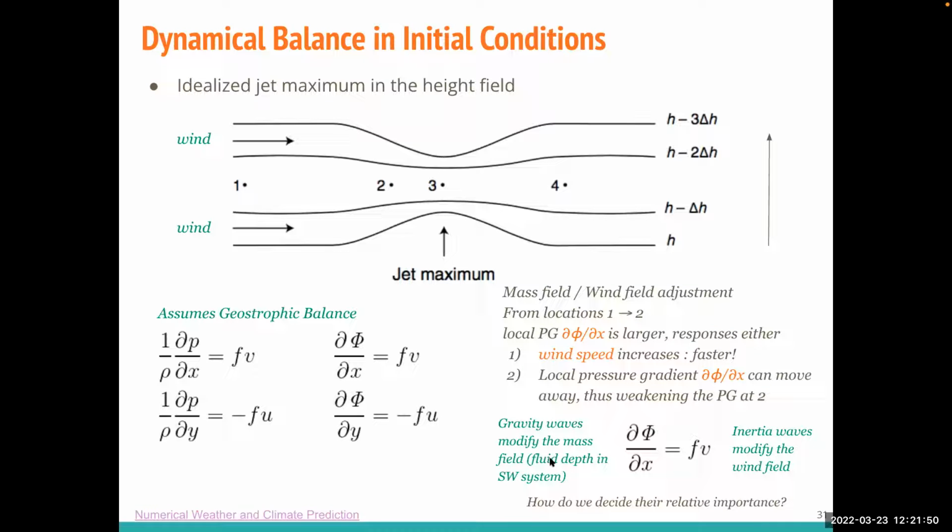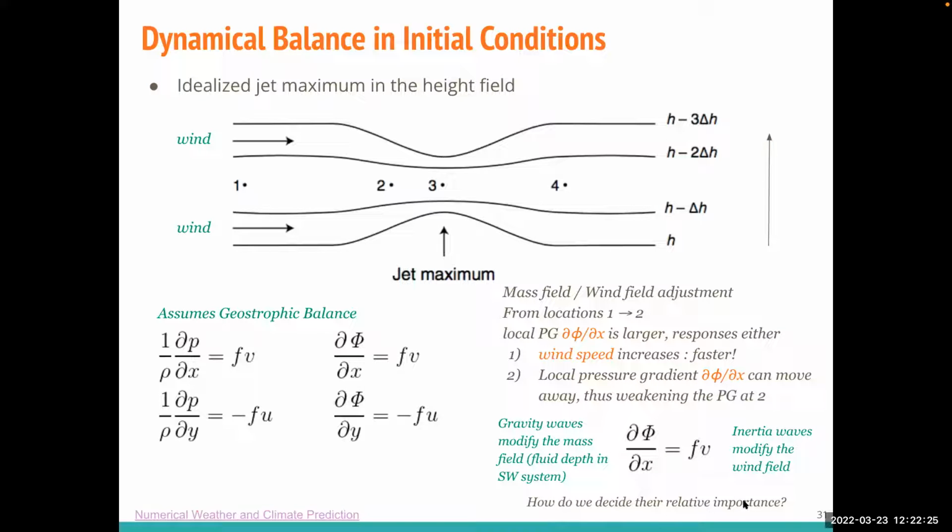So it is like a battle between the gravity waves and the inertial waves modifying the wind field. Your model can respond by changing the speed or changing the height field. Your mass field can respond to the change, or your momentum field will respond to the change.